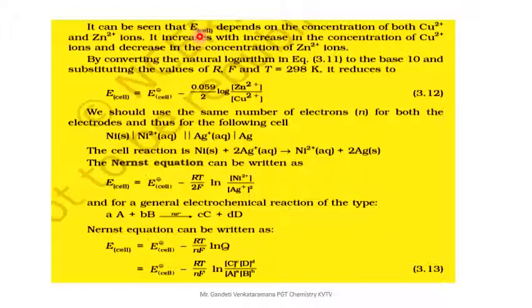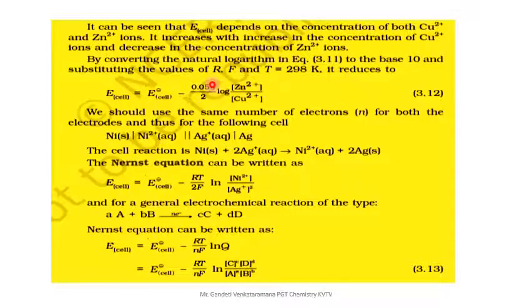Clear? Next, converting the natural logarithm in equation 3.11 to base 10, because whatever I have used earlier is the natural logarithm, ln or log base e. So now we convert the natural logarithm into base 10 and substitute the values of R, the universal gas constant, Faraday 96,500, and T 298 K, room temperature.